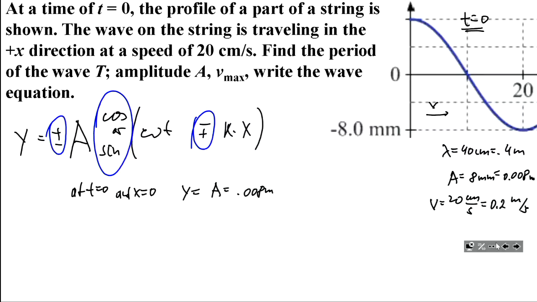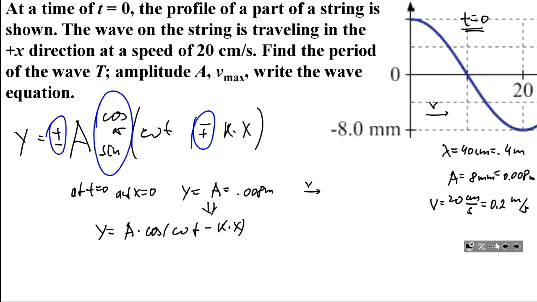We see it. And because it travels to the right, we have to choose a minus. So the equation should be in this form: cosine omega t minus k times x.